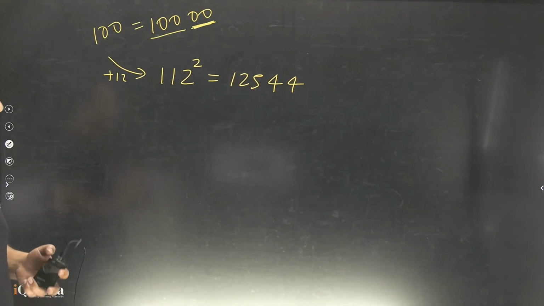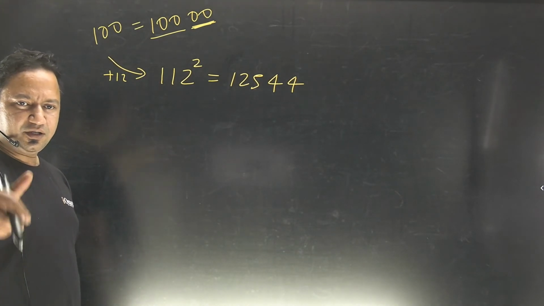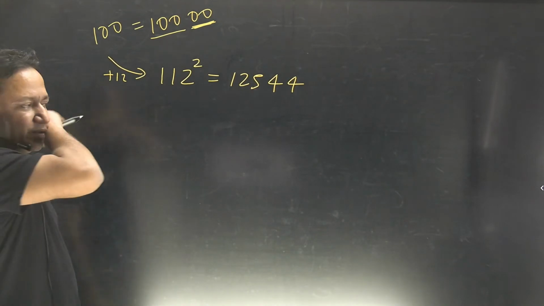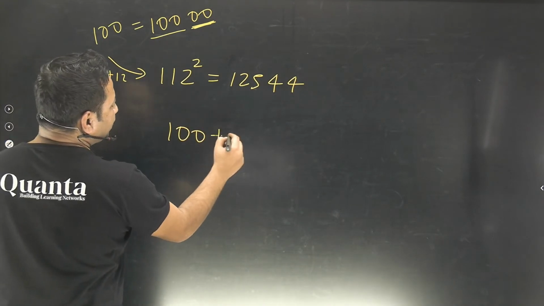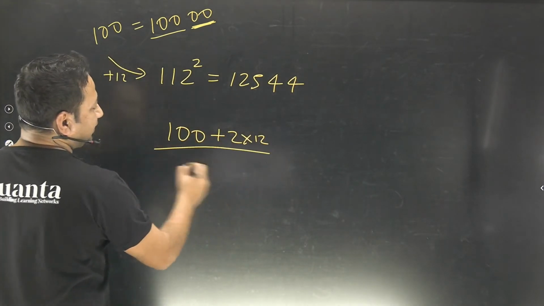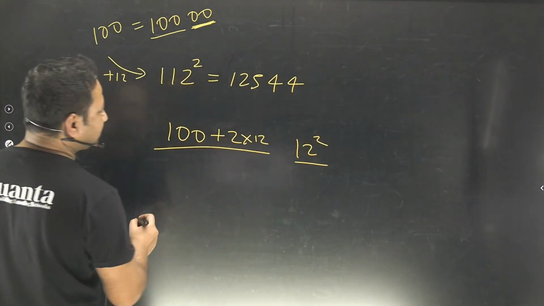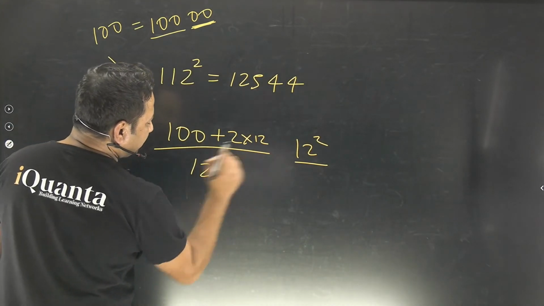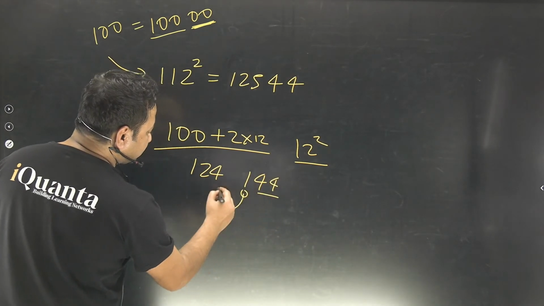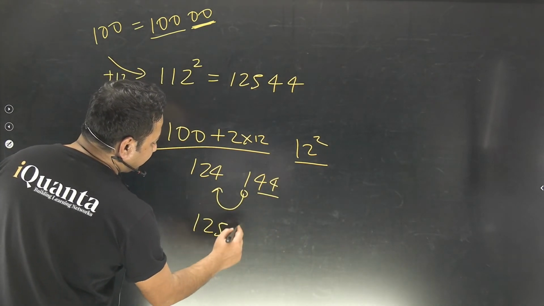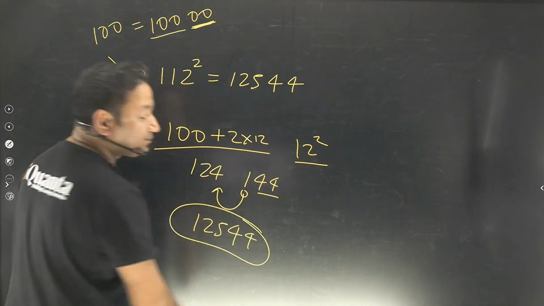We need to add 24. Perfect. Understood? Twice of what the difference is. So 100 plus twice of 12 and then 12 squared. That has to be our answer. So here we get 124. Square of 12 is 144. 4 remains, 1 goes here, and we get 12544 as our answer.